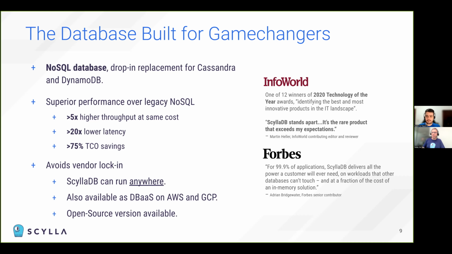So you don't even have to install anything if you don't want to. And Scylla is also available as open source. So that's an even better way to ensure you never have any vendor lock-in if you want to. Okay, next slide, please.